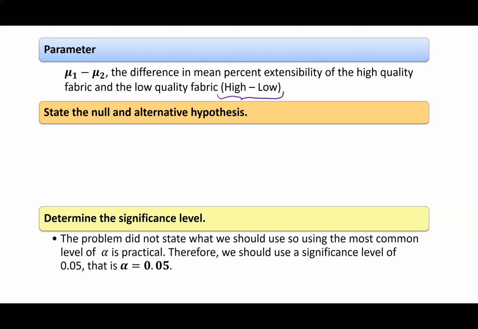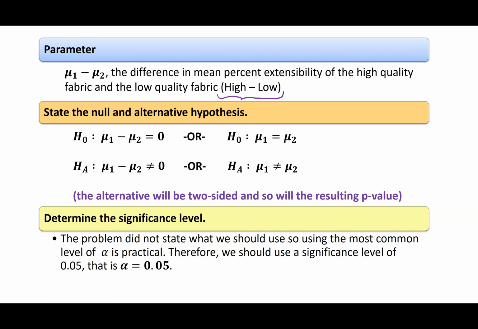So for the hypothesis test, we're asking, is there a difference? Is there a statistically significant difference? So we're going to start off with mu1 minus mu2 is equal to 0, because if there isn't a difference, the difference is equal to 0, right? If they're the same, the difference is 0. And then it'll be a not equal sign in my alternative.